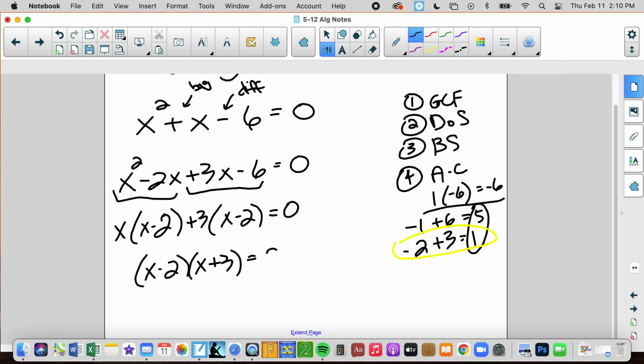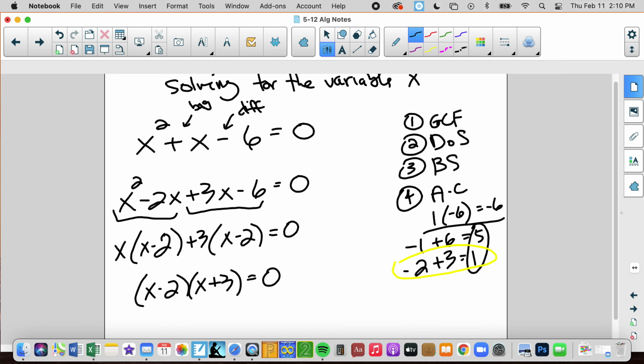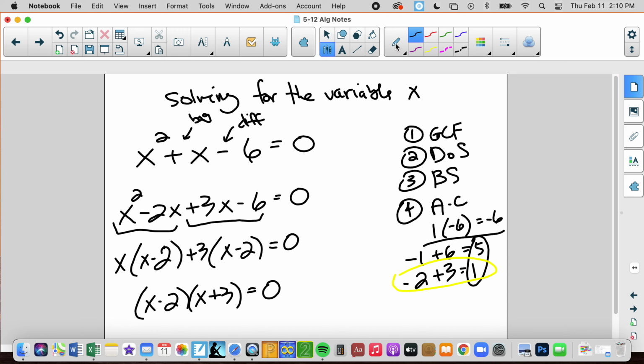So there's a couple benefits that we just accomplished here. Remember, this is my starting equation. And what I didn't like about it was the fact that I had the same variable but 2 different exponents. And that's troublesome for us. We can't isolate the variable.